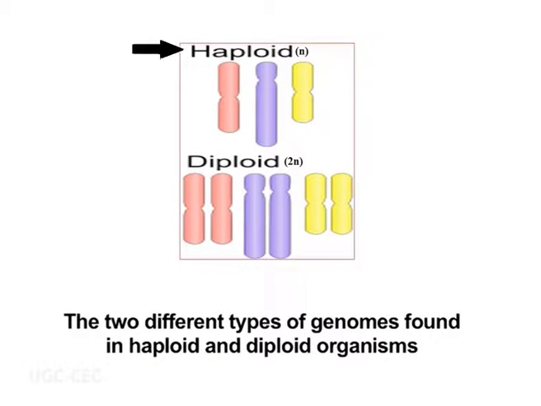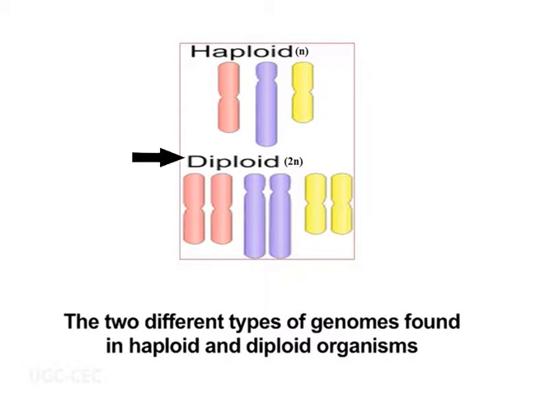So accordingly, we can say there are two types of genome. One is the haploid genome and the other is the diploid genome, abbreviated by the symbols N and 2N respectively. As shown in this diagram, the haploid genome here contains 3 chromosomes shown as pink, blue and yellow, which are present in a single set.